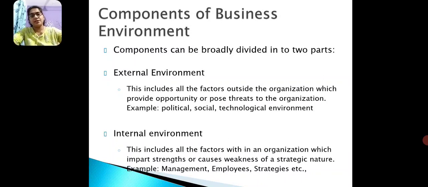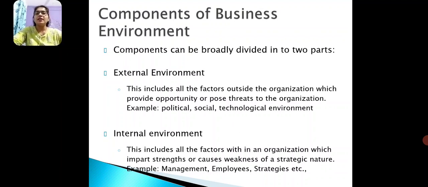Then components. So what are the components or the elements that are there in the business environment? There are so many elements in fact, but we can broadly divide them into two components. One is the external environment, the other one is the internal environment.